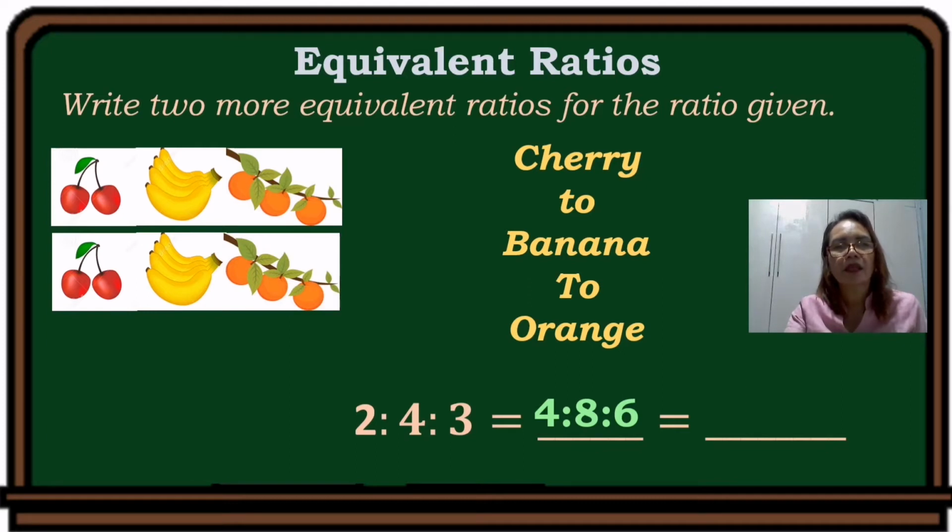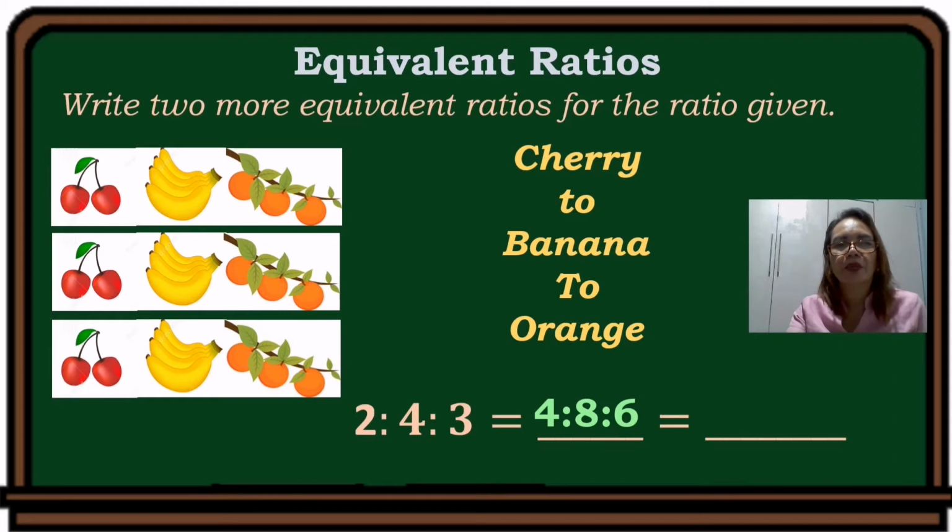And what if I add another picture? How many cherries are there in all now? We have 6. And how about bananas? We have 12 bananas. And how many oranges? We have 9 oranges. Okay? So, what is the ratio of cherry to banana to orange?